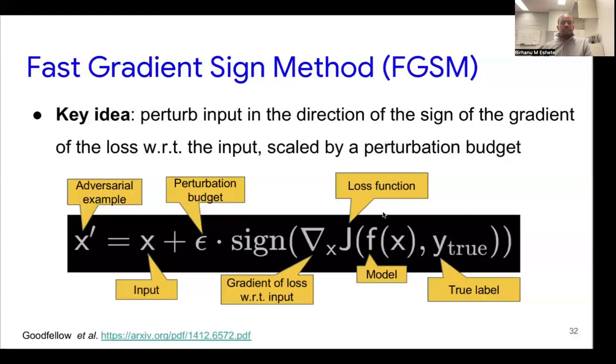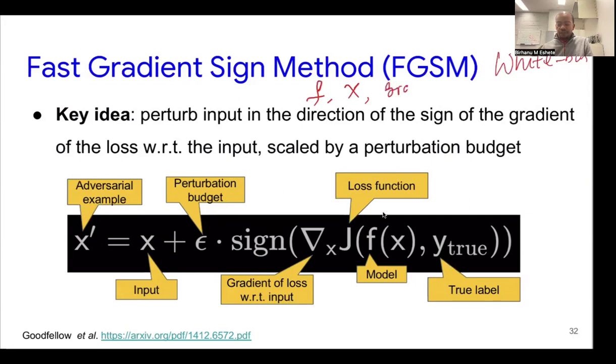Okay. One of the popular adversarial example generation techniques is called fast gradient sign method. And in the sense of the threat model, this is a white box adversarial example generation technique. So the key idea is you have a model f, you have an input x, you know the details of the model.